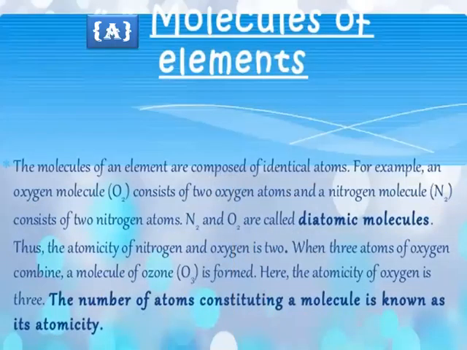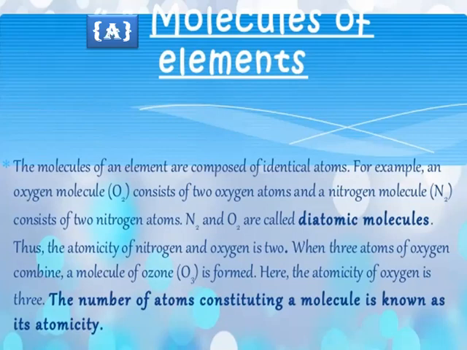Now, as we consider molecules, we will see first the molecules of elements. The molecules of an element are composed of identical atoms. For example, an oxygen molecule consists of two oxygen atoms and a nitrogen molecule consists of two nitrogen atoms. Therefore, a molecule of nitrogen and a molecule of oxygen are called diatomic molecules.